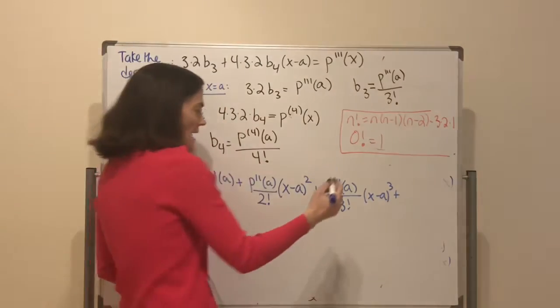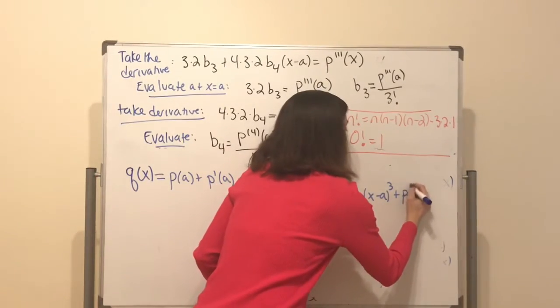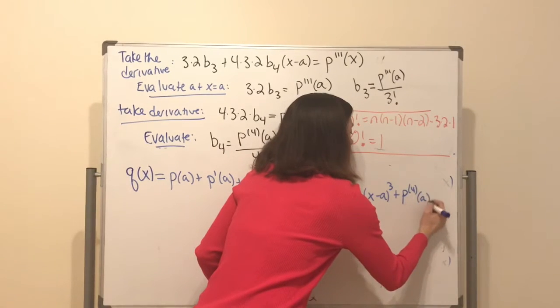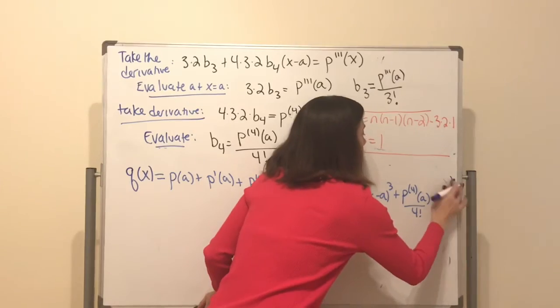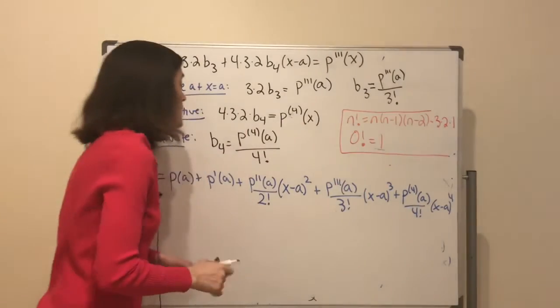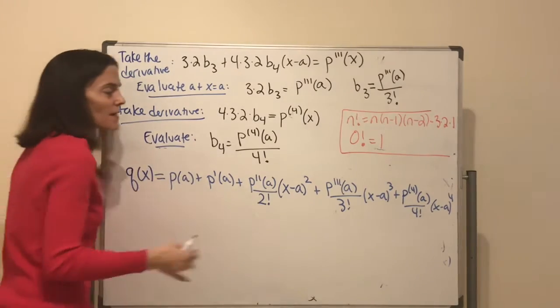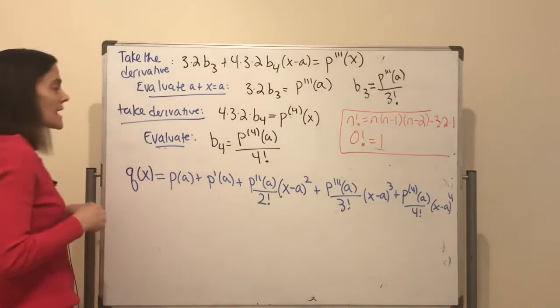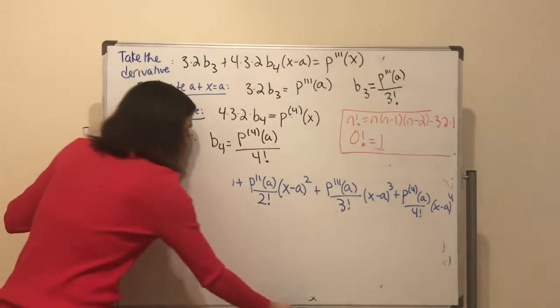And then, I'm running out of space, the fourth derivative at A over 4 factorial, x minus A to the fourth. This is a way that you can rewrite P in terms of a polynomial centered at A, and such that, no it's not, I left off, let me back it up.